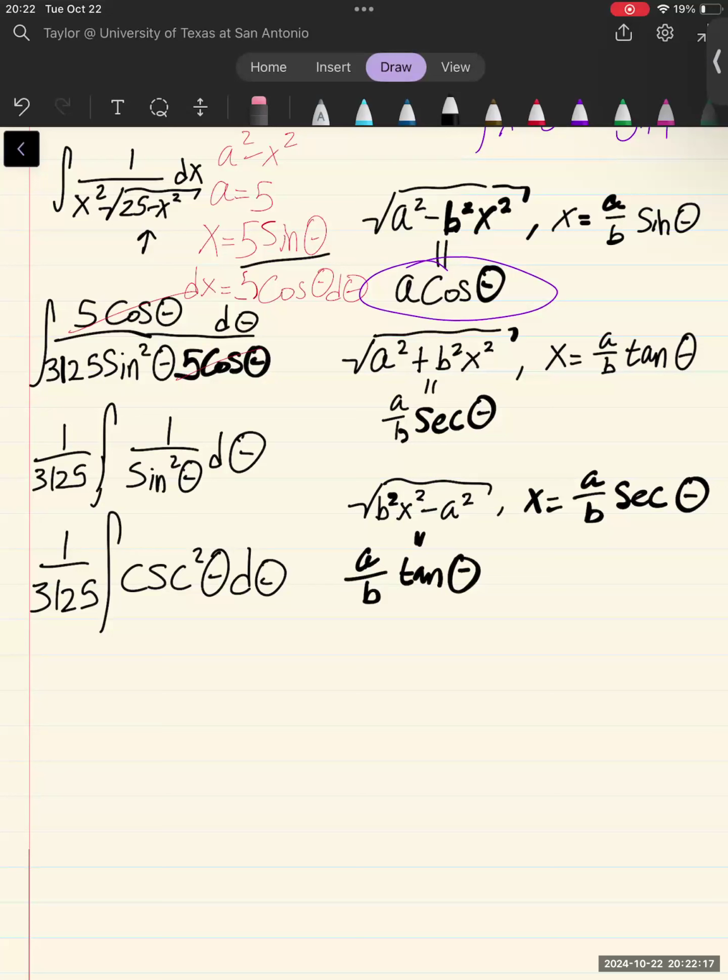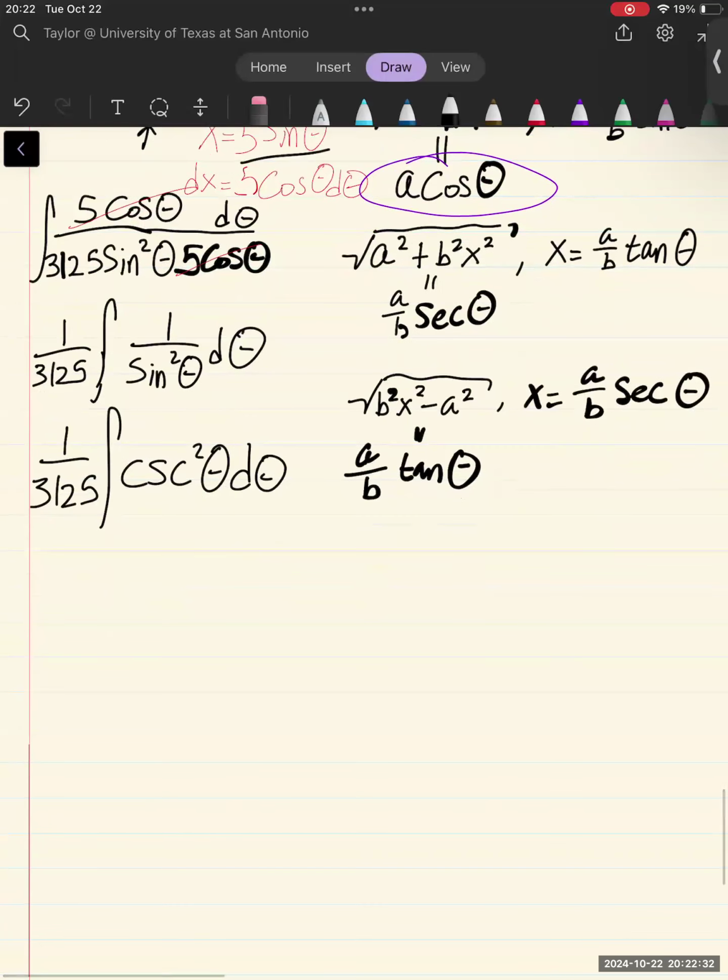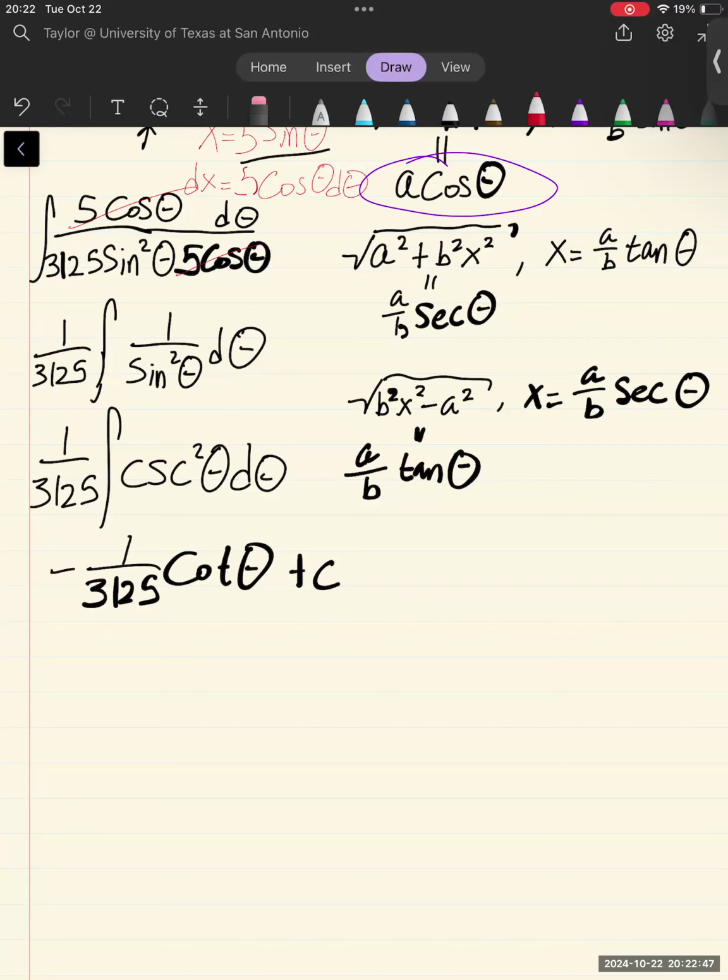And if you remember from calculus, the derivative of cotangent is negative cosecant squared. In this case, I have positive cosecant squared, so I'm going to go back to a negative cotangent. So negative 1 over 3125 cotangent theta plus c.